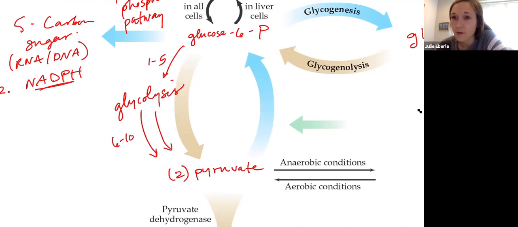So anybody remember the middle intermediate of glycolysis? Like the one that we get 2 of, it's the first molecule that we get 2 of, and then steps 6 through 10 are run from that. So after step 5, we have what molecule? Anybody remember?